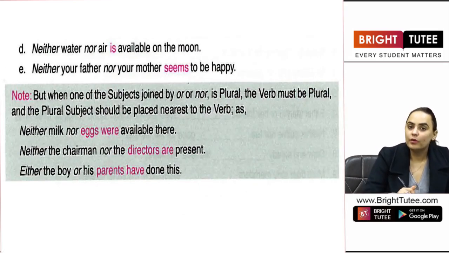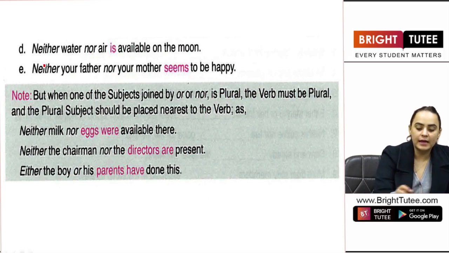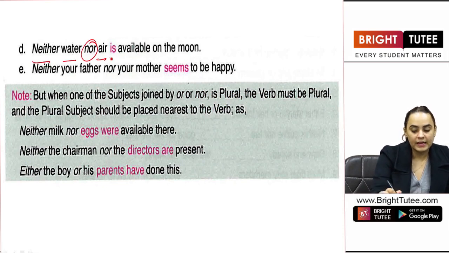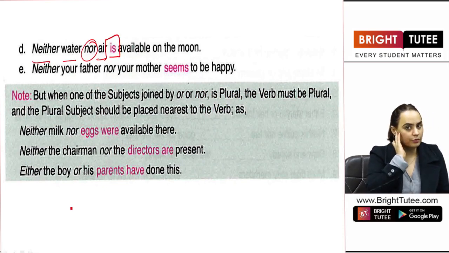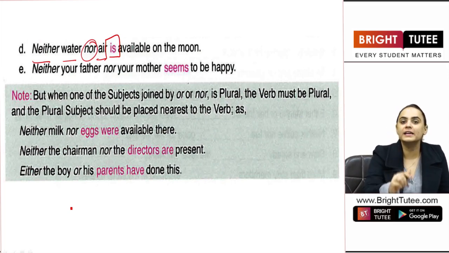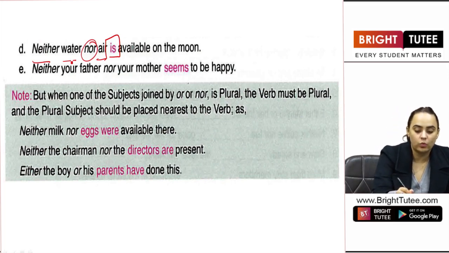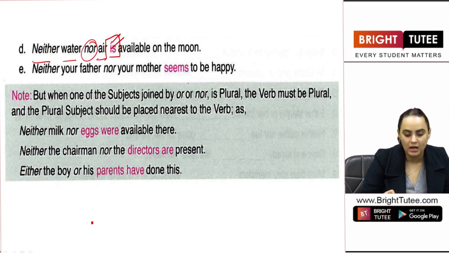There are some more examples which are given. Neither water nor air is available on the moon. We've used neither nor, and my nouns are water and air, which are singular components. Therefore, my verb is singular.